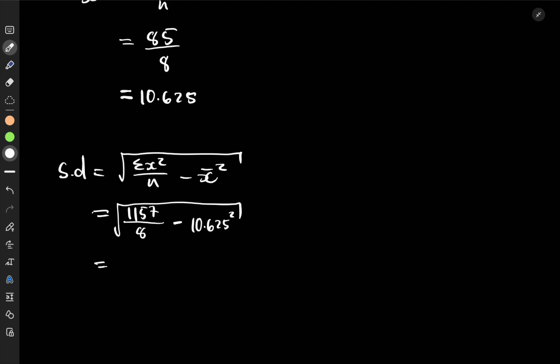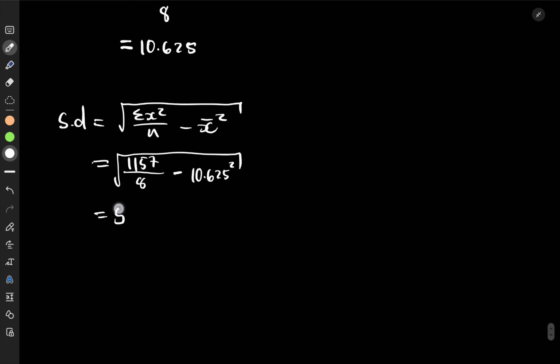Then 1157 divided by 8, then I'll subtract the answer, then take the square root. I'll get 5.633333. I'll just say 5.63.